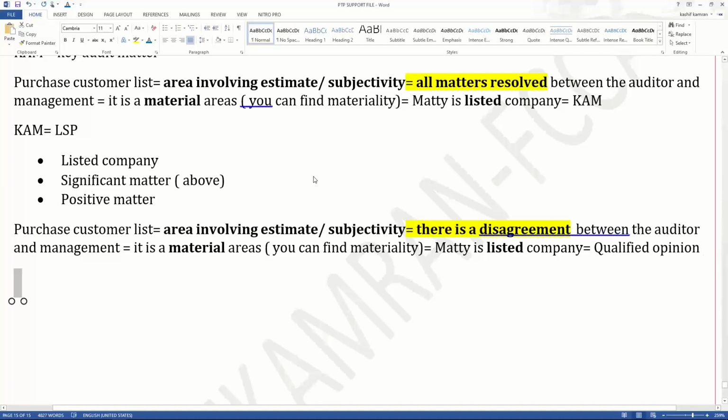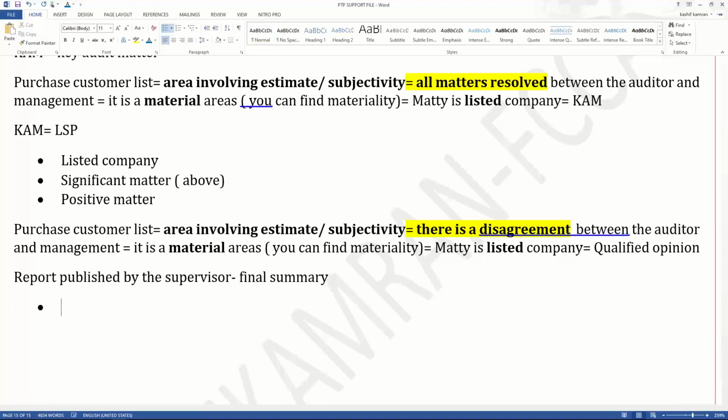So now tell me, how many things are wrong in the report published by the supervisor? Let's make a checklist. Let's make a final summary of the report published by the supervisor. First of all, the report published by the supervisor includes an unmodified opinion. Number one. The second, it includes CAM for going concern.